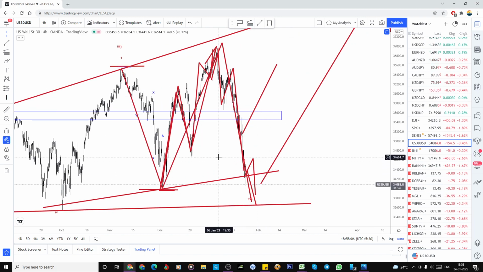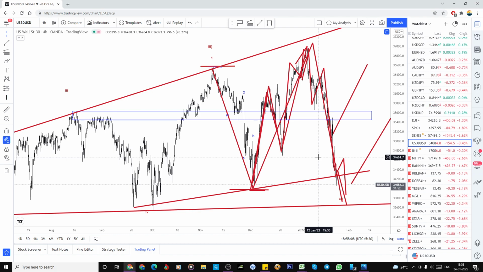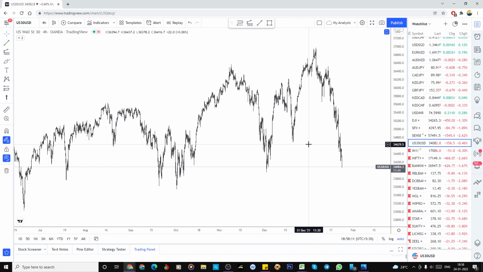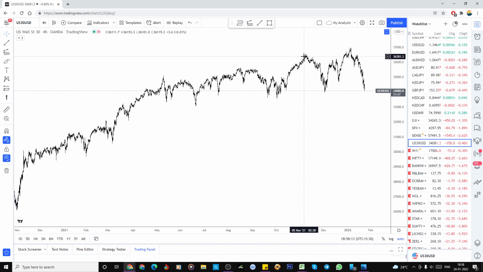So what will be here, it could be an expanded flat also. If it is not breaking this low, that could be a running flat. If it is broken also, that could be the expanded flat.